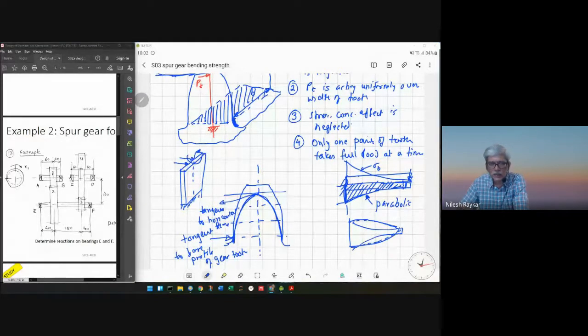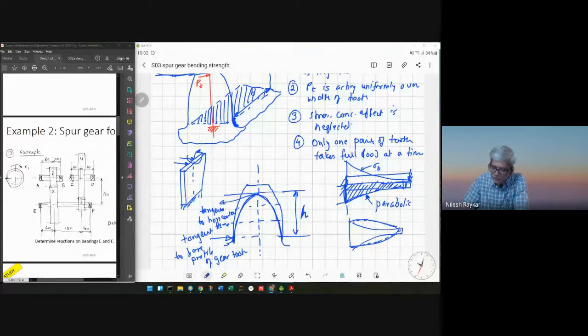During his time he found it out by a graphical method, that is, by actually drawing the profile of the parabola within the gear tooth profile, and then he determined the height of this beam of uniform cross section.